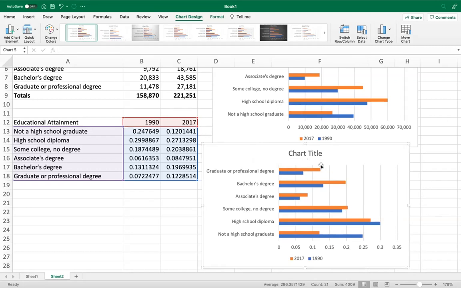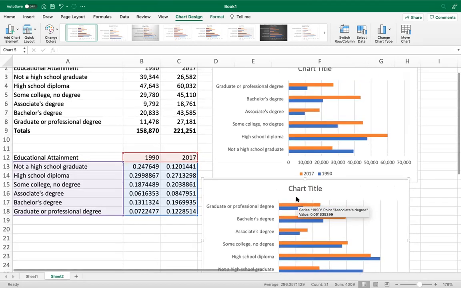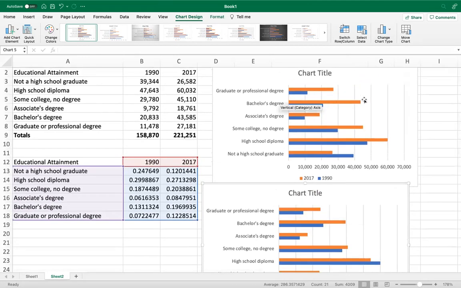Relatively speaking, the percentage of people in 2017 who have a graduate degree is higher, and a higher percentage of people have a bachelor's degree. Very, very few, because if we look over here, it looks like way more people have a bachelor's degree, way more people have graduate or professional degrees, but in reality, it's not that much.